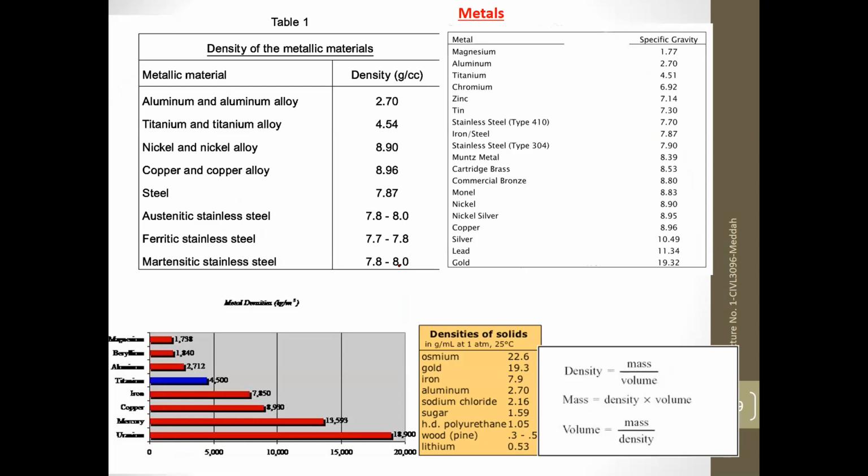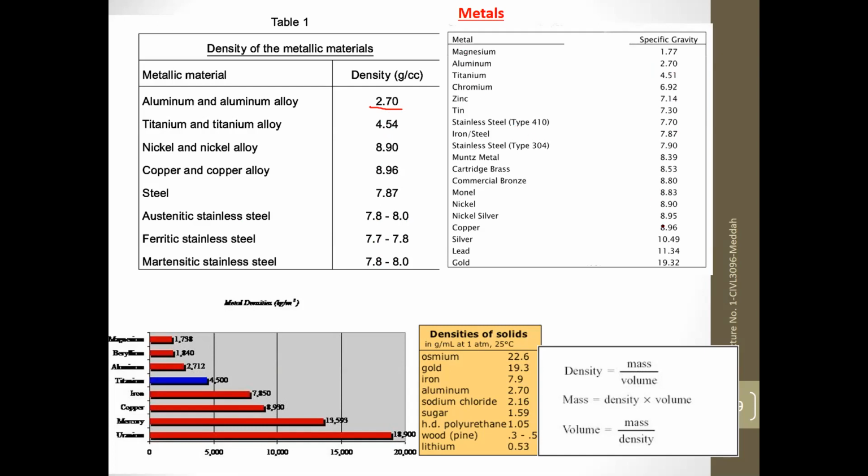Just before we finish this part, here are some examples of density of some metallic materials. So you can see the density of metallic materials. Usually it's high for most metals. The lowest is, as I said, aluminum, 2.7, but all other most common, most known and most used metals have high density.